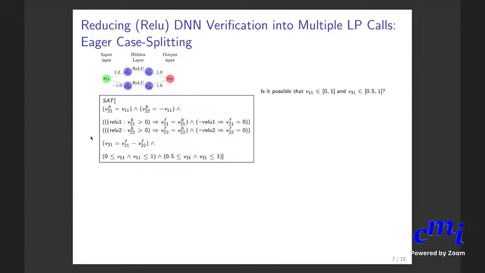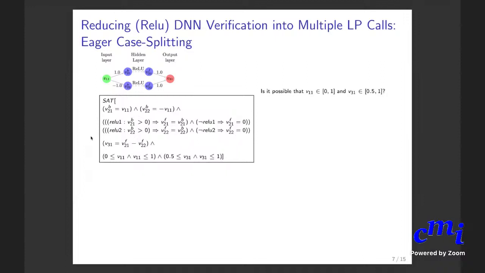As you can see, each of these is defined as a linear expression in terms of all the nodes that are feeding this. It's only when you try to express the value of this forward ReLU node that you get this implication, and that is where you have a disjunction.